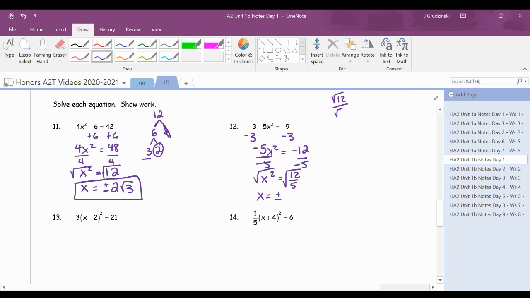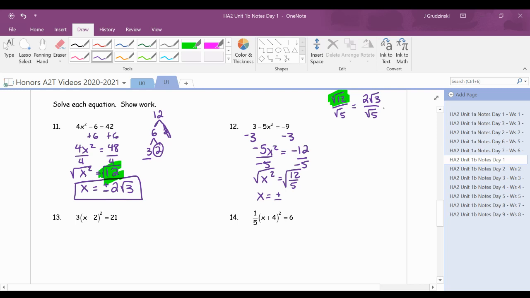Now before I rationalize the denominator, I'm going to simplify the numerator. Now we just simplified root 12 over here, so I'm not going to show all the work again. But we just know that that numerator is going to be 2 root 3. And again, we know that because we just did it.